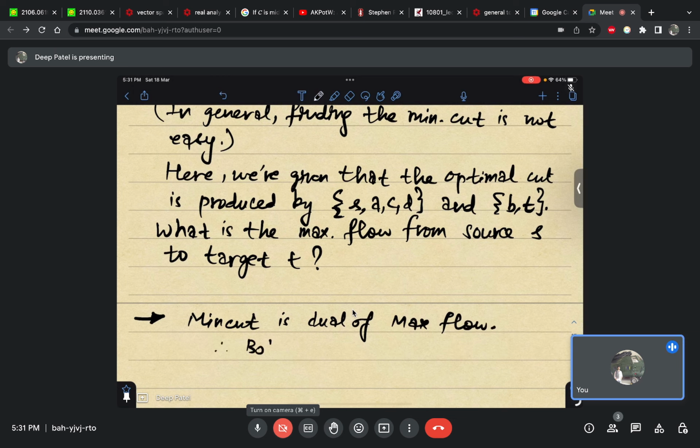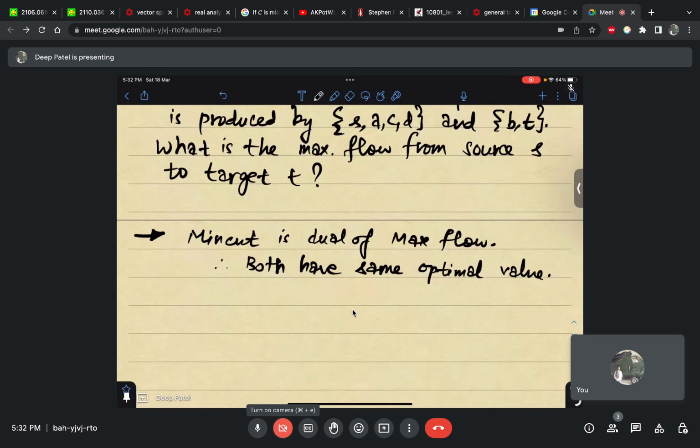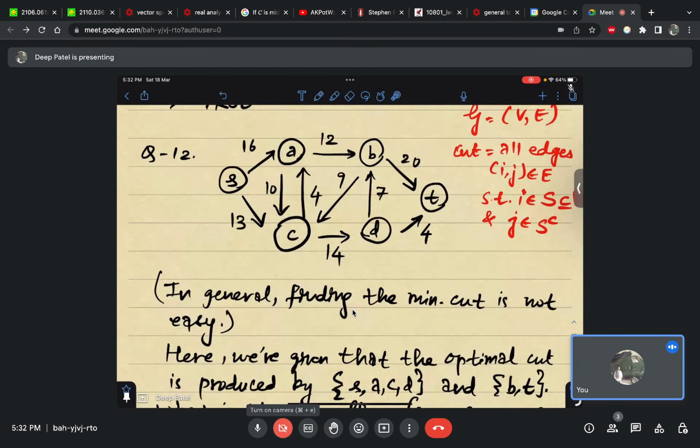Therefore, both have the same optimal value. This way we can connect the two, right? Yeah. So now it's a simple problem.